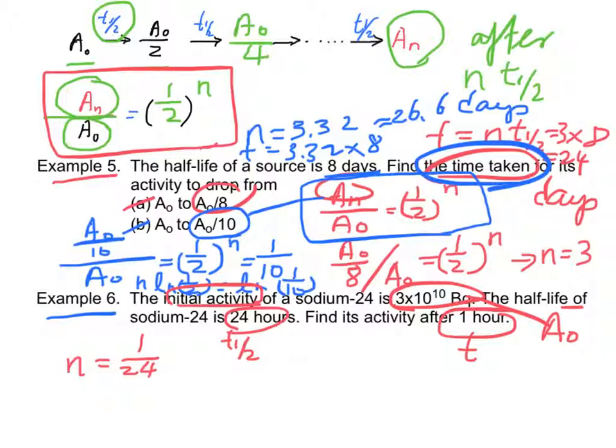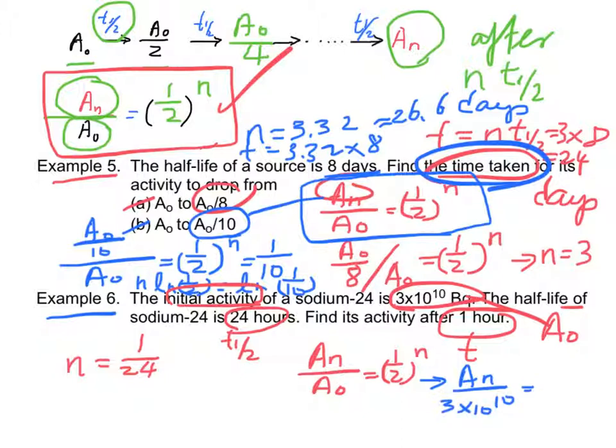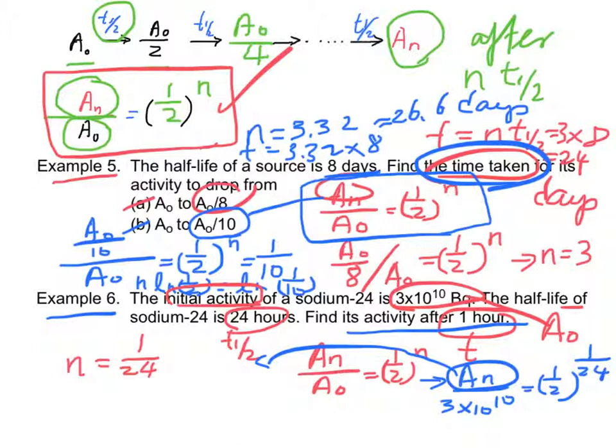By using the equation A n over A lot equal to 1/2 to the power n, we have A n over 3 times 10 to the power 10 equal to 1/2 to the power 1 over 24. Therefore, its activity after 1 hour is A n equal to 2.91 times 10 to the power 10 Bq.